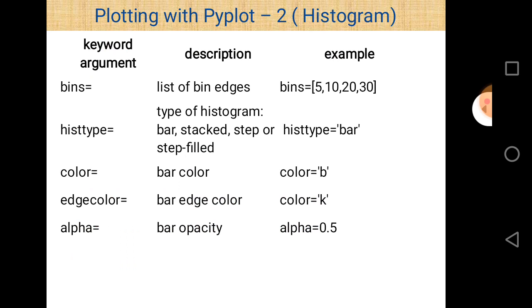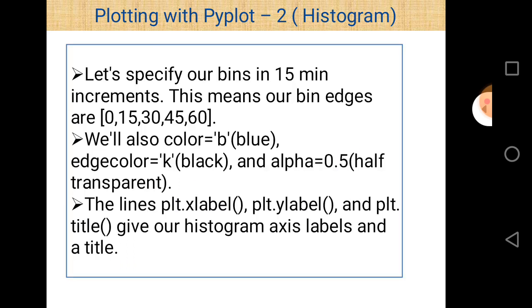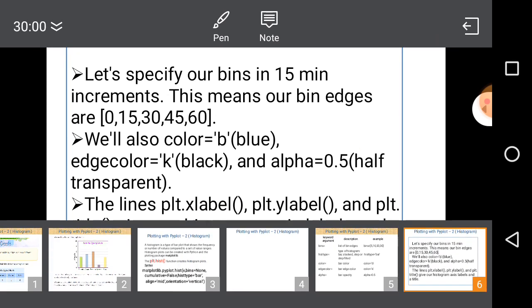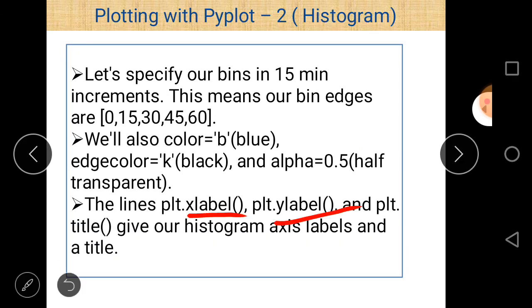Bins is basically a list of bin edges, and histtype contains the type of histogram, whether it is bar, barstacked, step, or stepfilled. Color represents the color of the histogram. Edgecolor is used to represent the color of an edge in a histogram, and alpha represents opacity. Also xlabel, ylabel, and title are used, which represent the x-axis, y-axis, and title of the histogram.